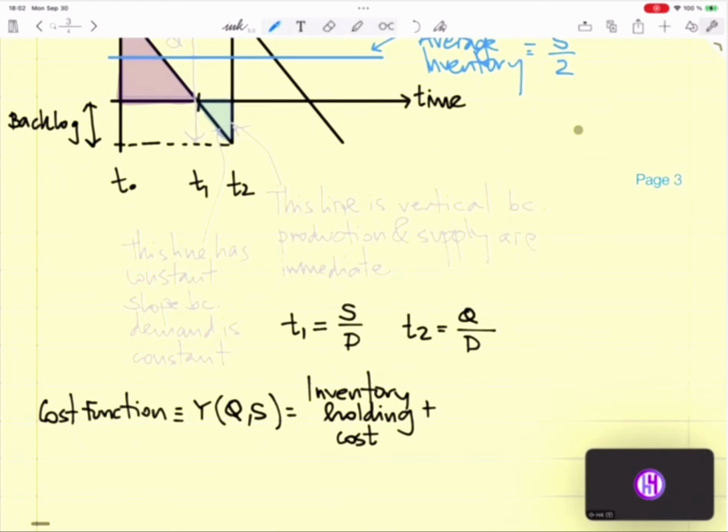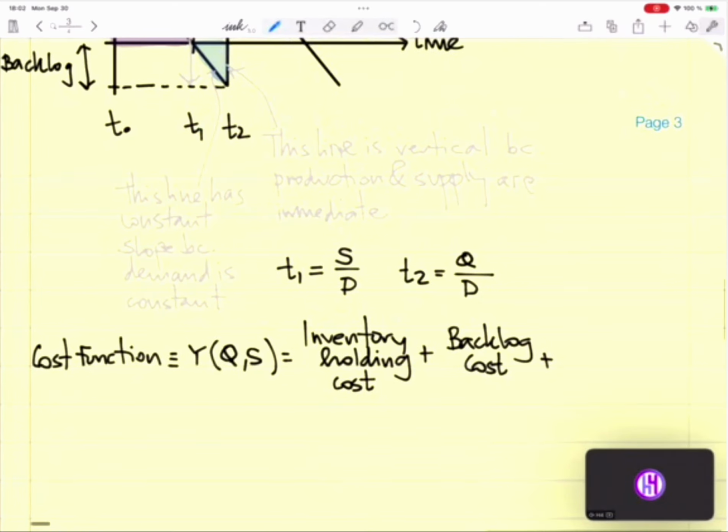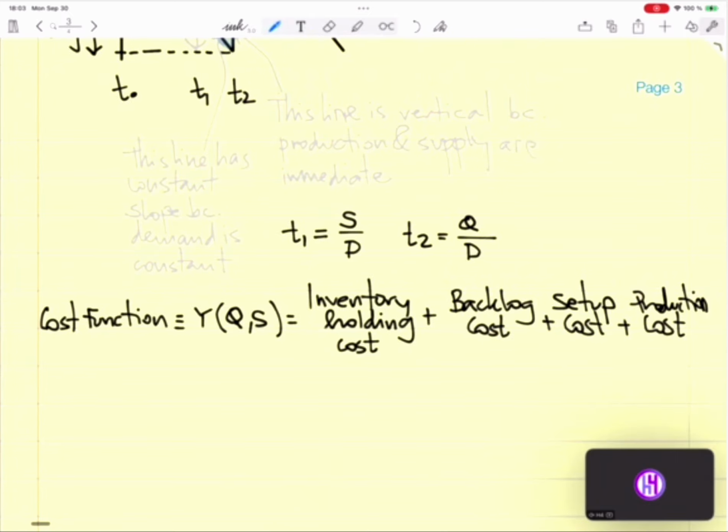You also have backlog cost, because it takes money to hold the inventory. It takes money if your customer is not being supplied. You have also setup cost, and you also have production cost. Okay, so let's look at each one of them.